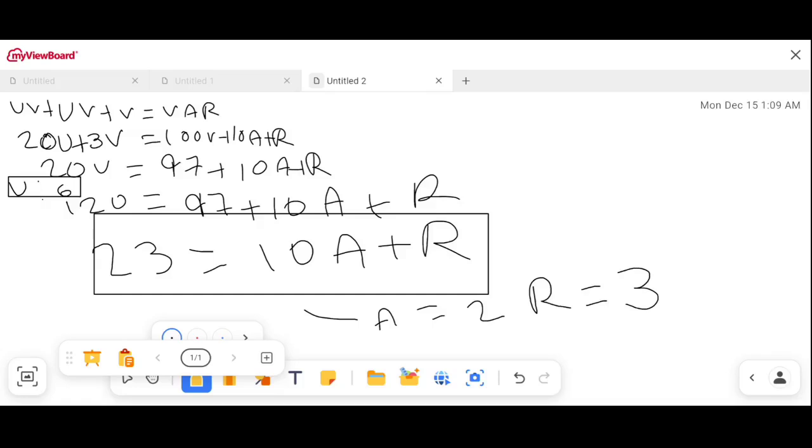If a is equal to 2, then automatically r would also become 3. So for this to hold, these two values are important. So what we got is u equals 6, a equals 2, and r equals 3.